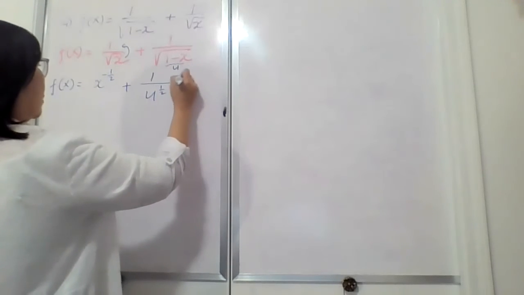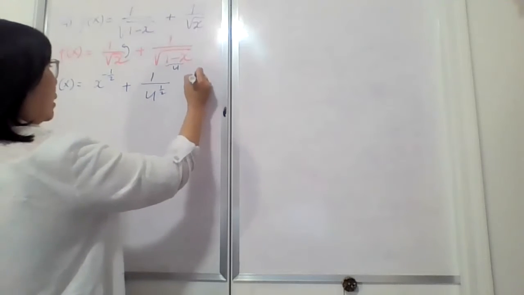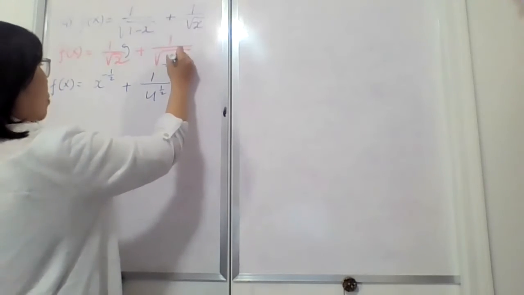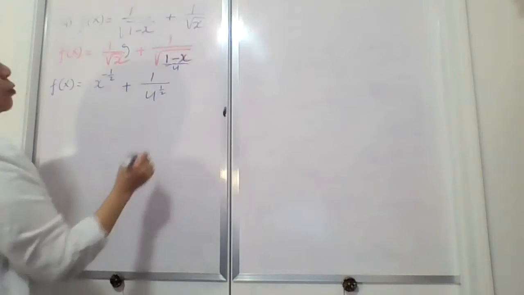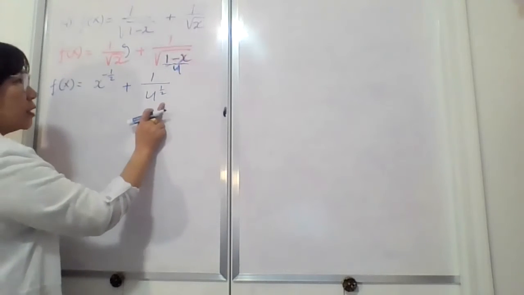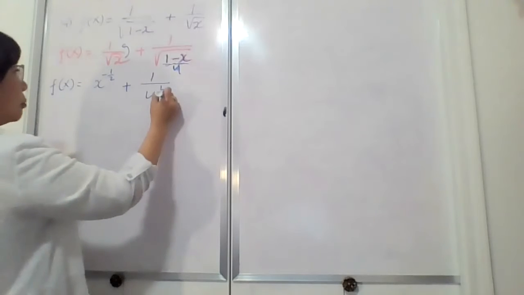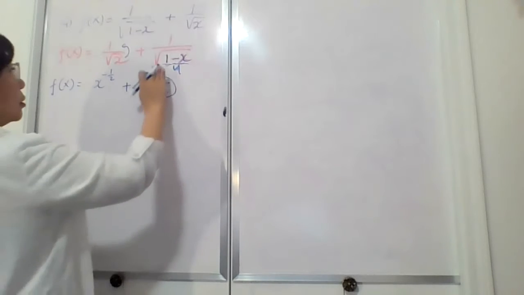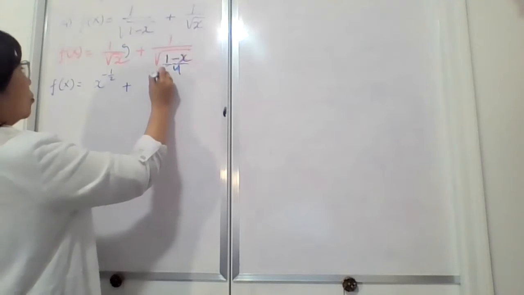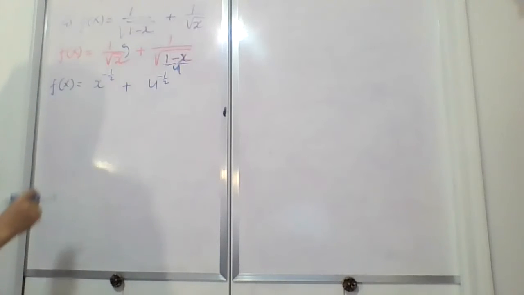And I just say let this bracket, 1 minus x, equal u. So just the way I draw it so that it's easy. It looks simple, right? So now I can bring this up as well, right? So that will become plus u to the minus 1/2, okay?